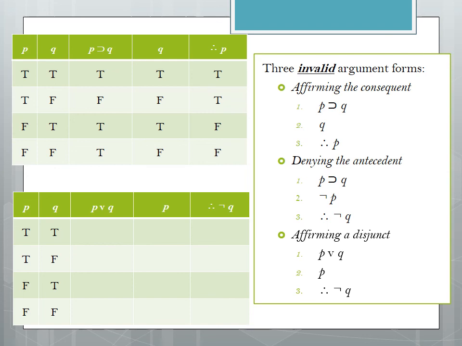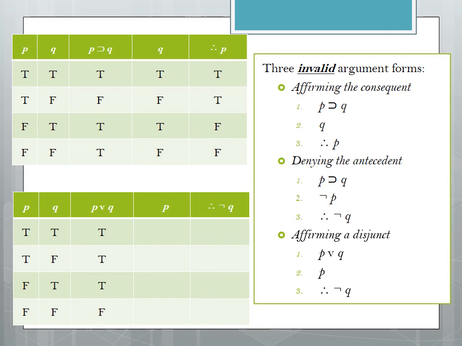This is an invalid argument form, so what we should see when we complete the truth table is a counterexample. So let's see if we find one. You'll remember that the truth table for the disjunction tells us that a disjunction is true if at least one of the disjuncts is true, but false if both disjuncts are false.